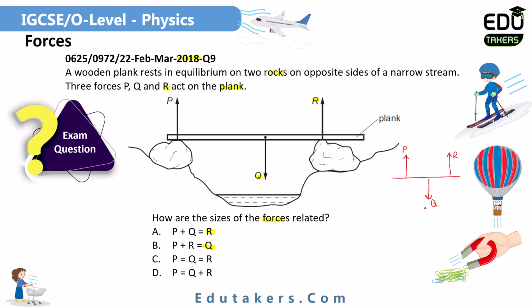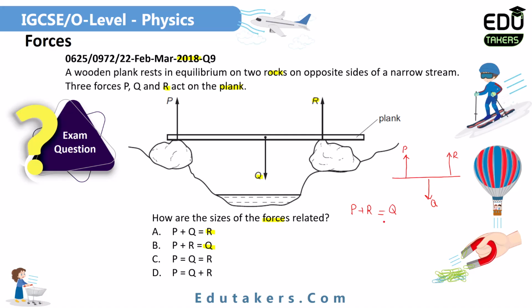The sum of the upward forces would be equal to the downward forces. After that, when you find out the total force, it would be upward forces minus downward forces. So first of all, I write here upward forces are P plus R. It would be equal to Q. So these are the sum of forces in this condition.